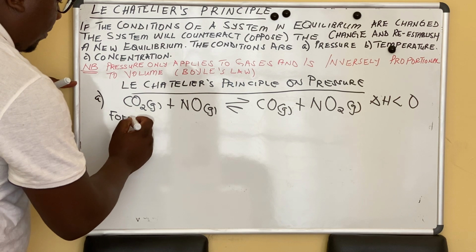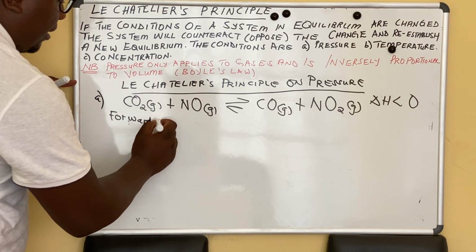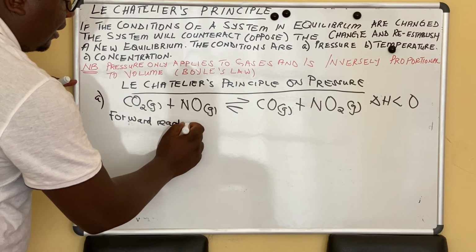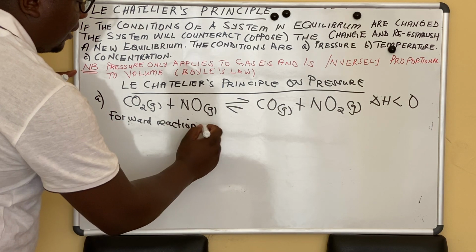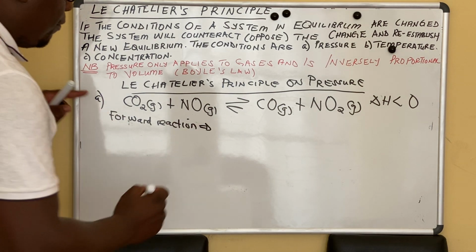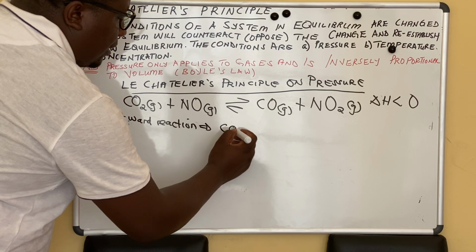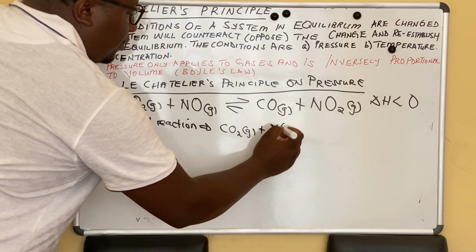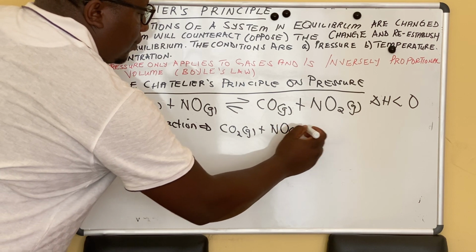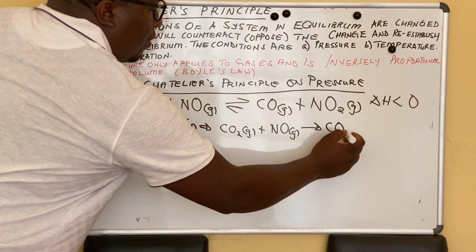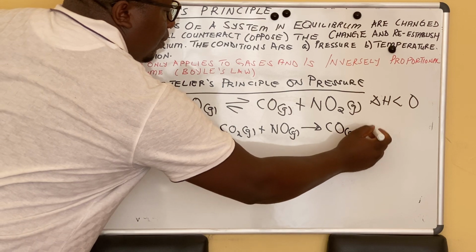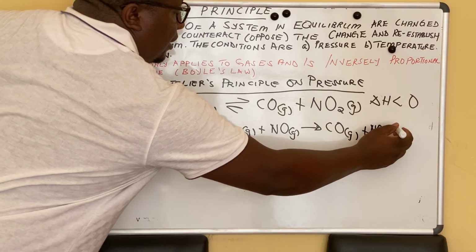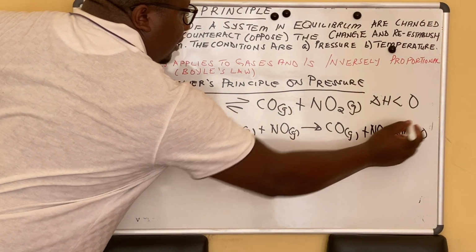So we need to split them. You don't need to write them here. You can still just figure them in your head. So we have the forward reaction. For the forward reaction, what happens? The carbon dioxide reacts with the nitrogen monoxide to produce CO and NO2. And for this reaction, delta H is less than 0.